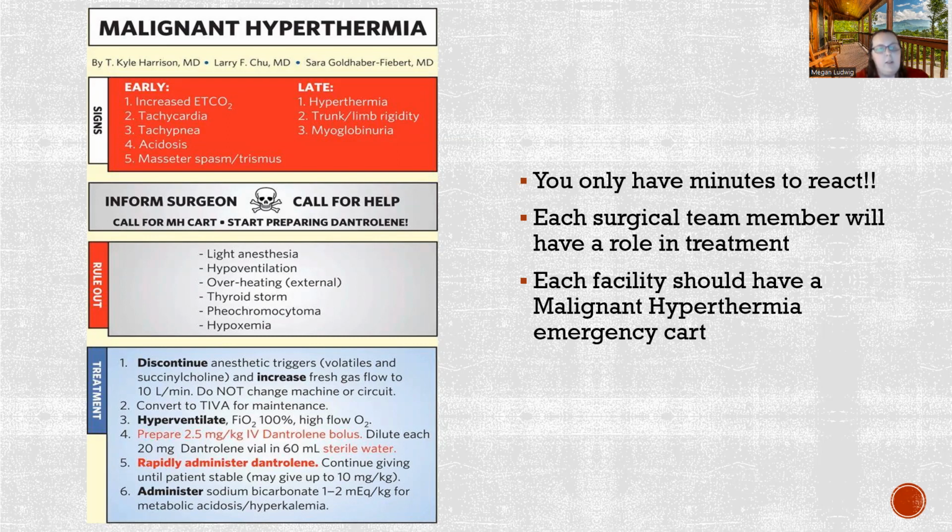But that's how it happens at my facility. If you're in a bigger hospital with a lot of ORs, I'm sure there's enough. But they're going to continue to give dantrolene for at least 24 to 48 hours, because they could relapse. If in surgery they go up to the floor, they could start relapsing all over again. So they have to keep giving dantrolene for quite a while.